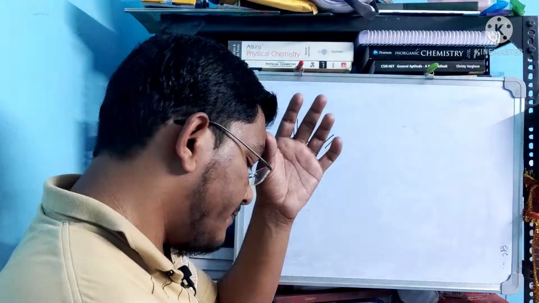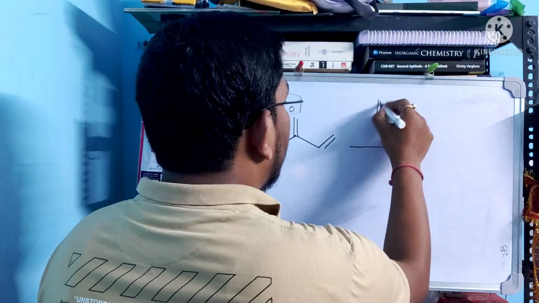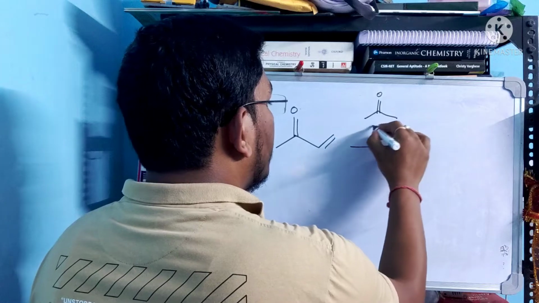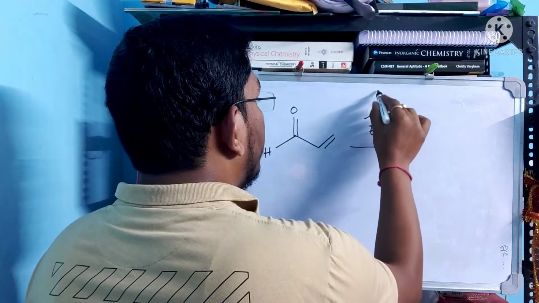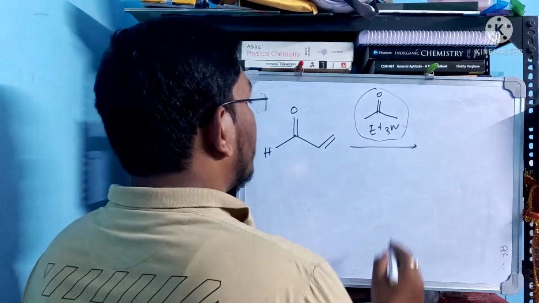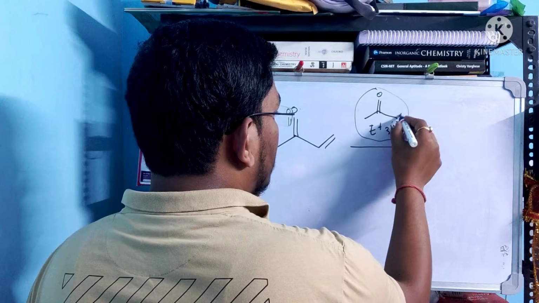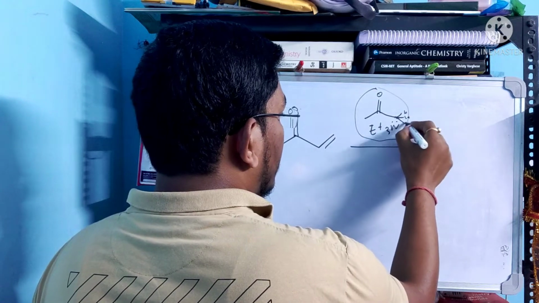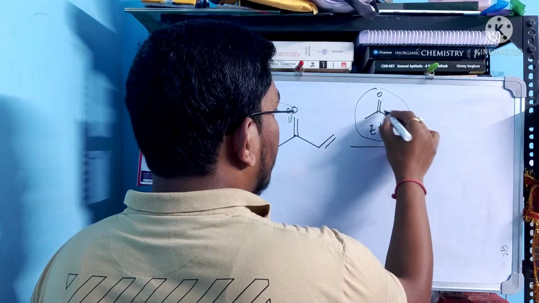This one, and we are using Et3N. This one is a combo. Okay, what will we get from this? It will abstract the most acidic proton and form the enolate, right?